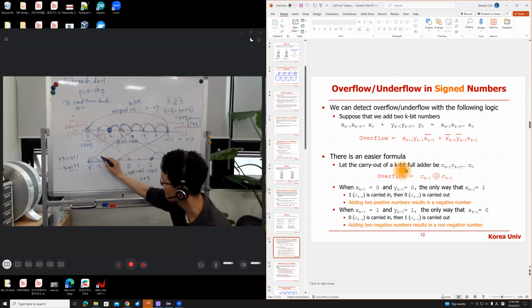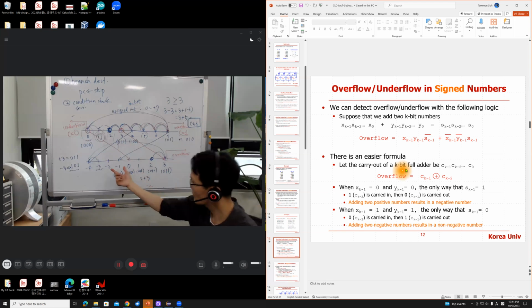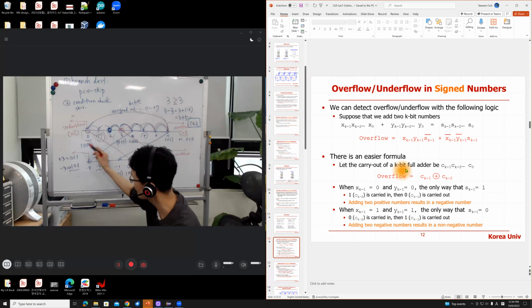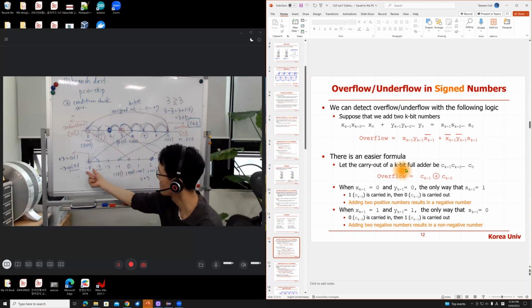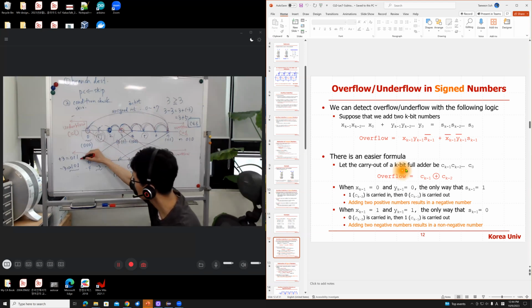So the computer will show you this answer, but that is the overflow condition. We got overflow. Okay. How about underflow? For underflow, the answer is less than the smallest number a 3-bit computer can represent, right?